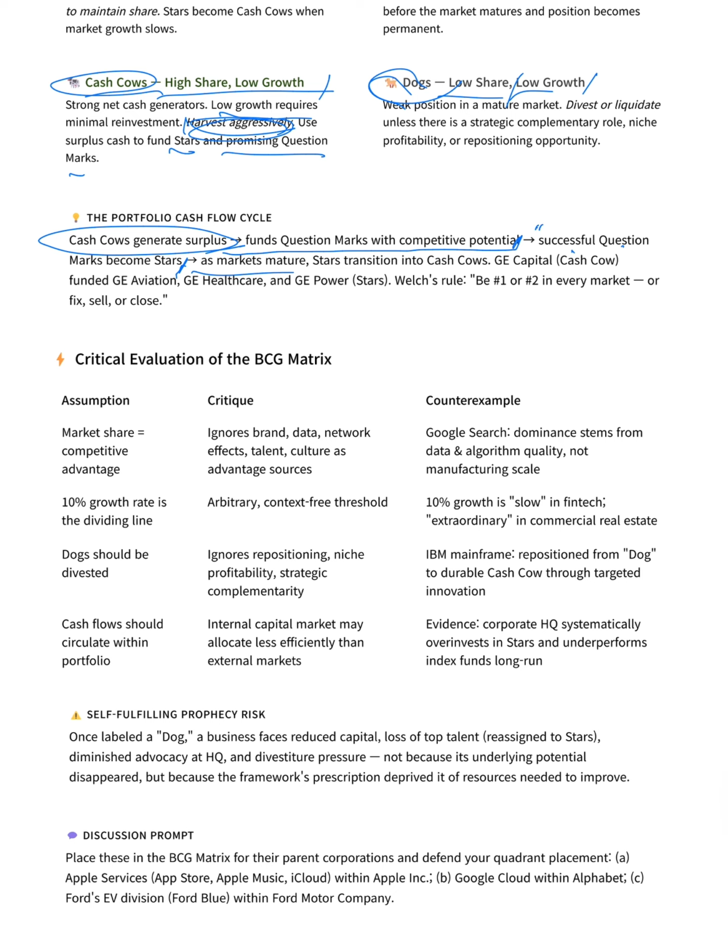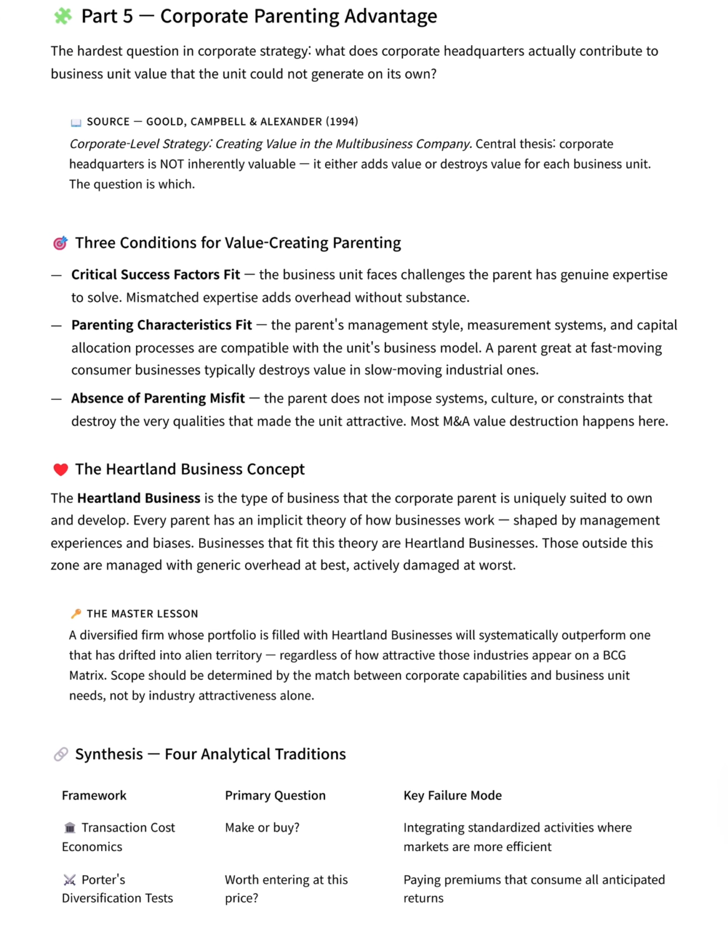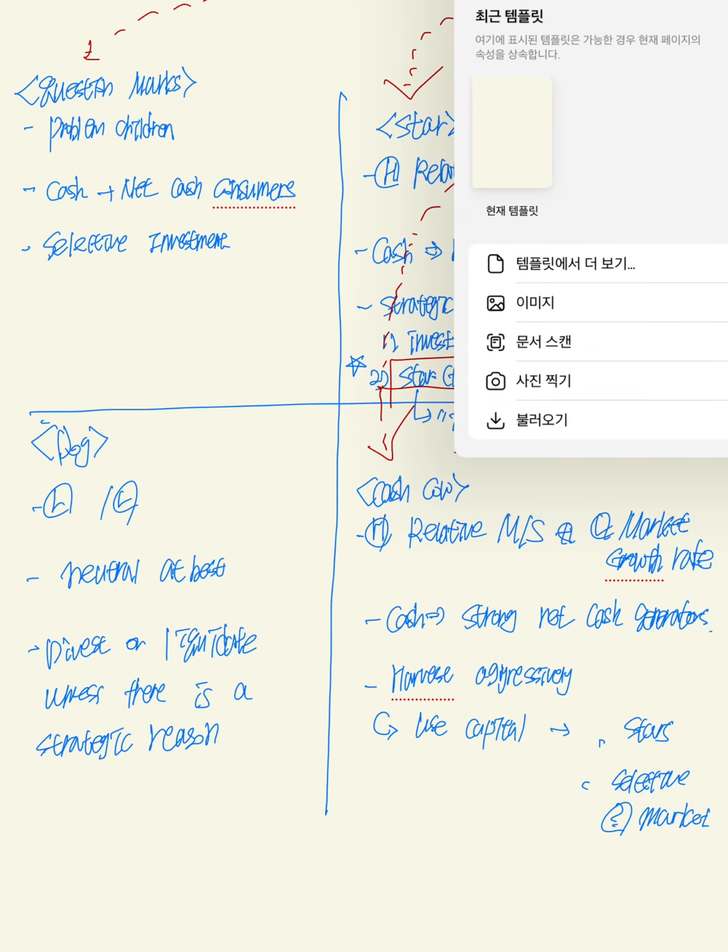Then, as the market matures, stars transition into cash cows. General Electric Capital, a cash cow, funded GE Aviation, GE Healthcare, like that, under Welch's rule. Okay, I'm going to make a new page.